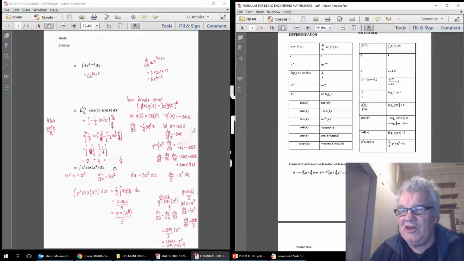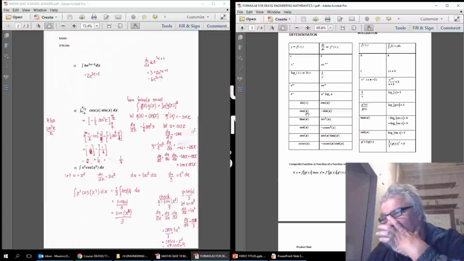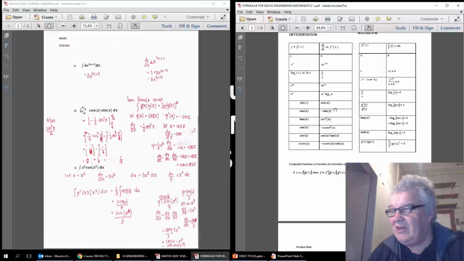Okay, so if we know that cos x and sine x here are, like, if we differentiate sine x, we get cos x. And similarly, cos x, if we do that, gives us minus sine x.